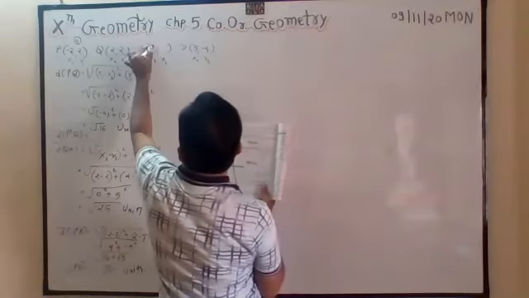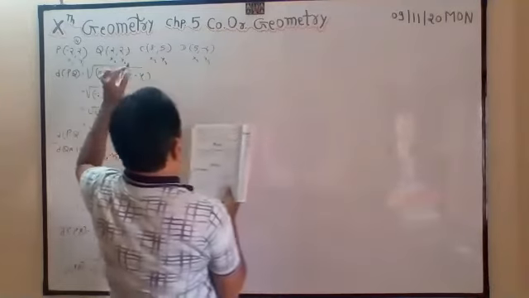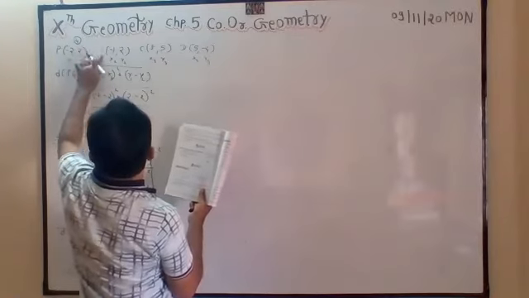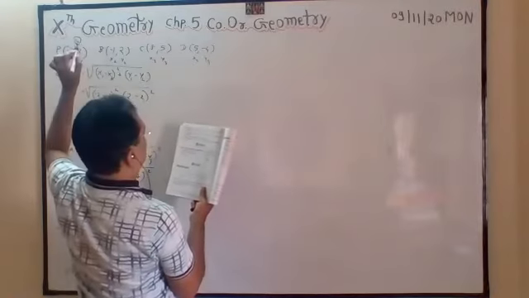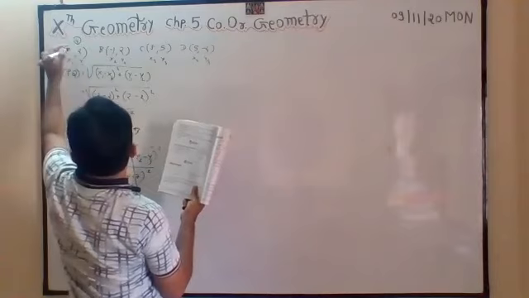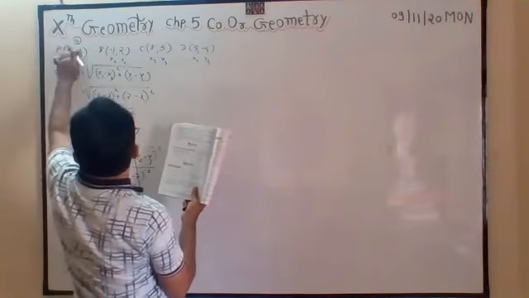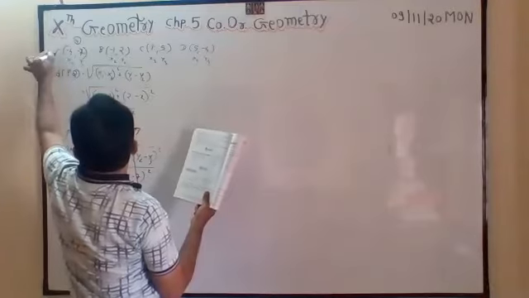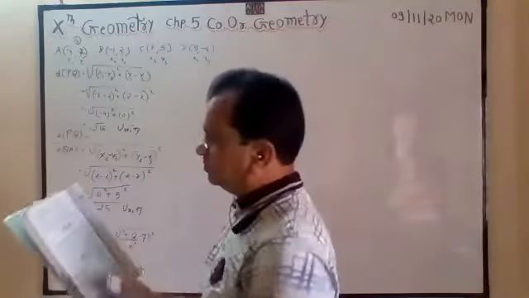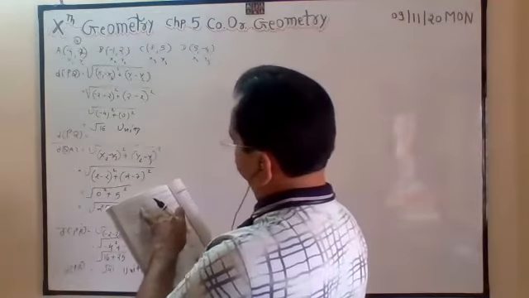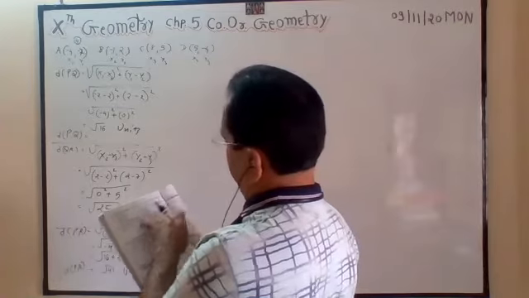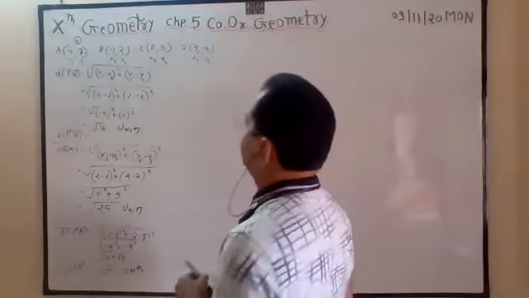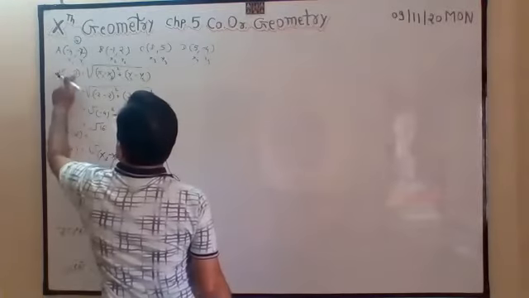C is 8, 5. B is... A, B, C, and D are the vertices of a rhombus. Rhombus means all the sides are equal.